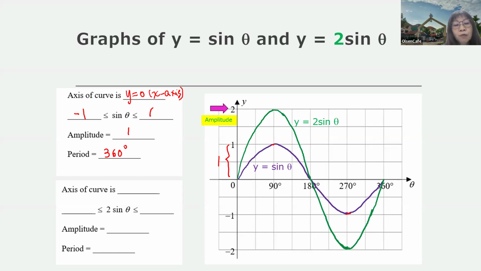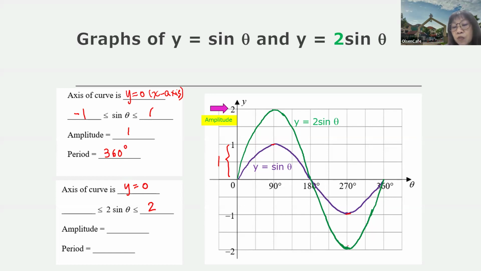On the same note, if you move on to the second graph, y equals 2 sine theta, the axis of curve also has no change. It is y equals 0. And the highest value of the second graph, 2 sine theta, you notice becomes 2.